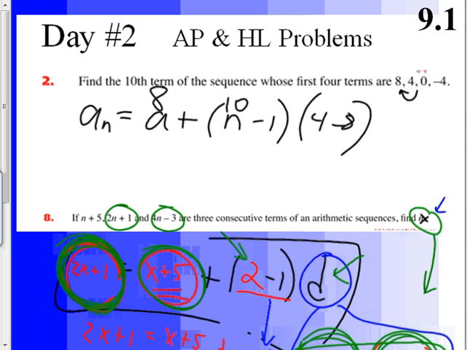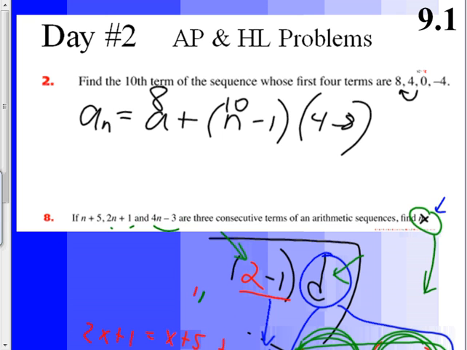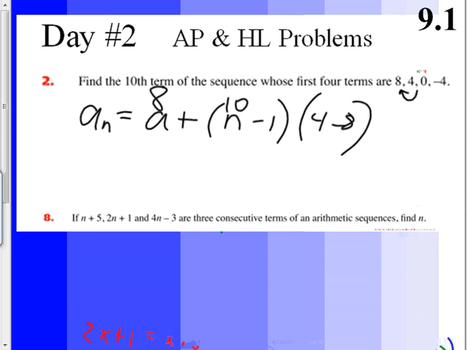There is a different way that is faster. Can you explain it quickly so that we can go on? Okay, so I solved for the n plus 5 being the first term, and then I solved for both the 4n minus 3 and the 2n plus 1, and then I made them equal to each other. So you're saying if that minus that has to be equal to this minus this.